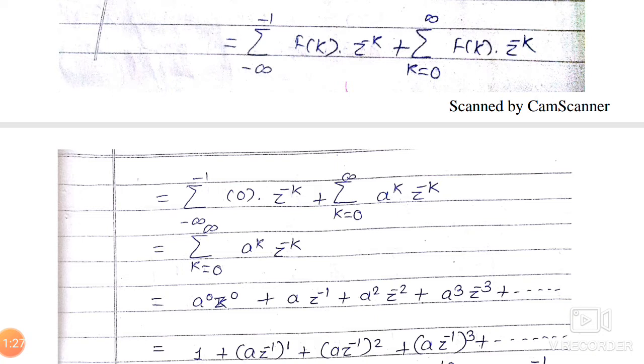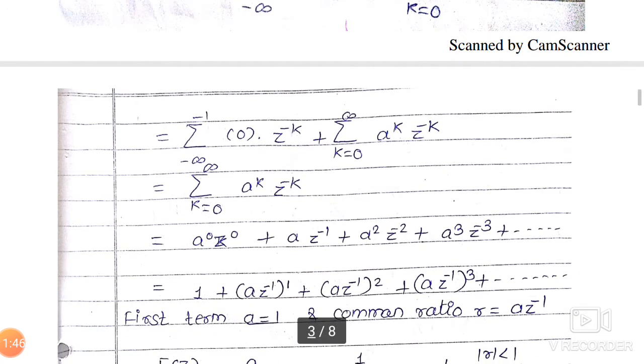So first term becomes a raised to 0 z raised to 0, k is equal to 1, a into z raised to minus 1, k is equal to 2, a square z raised to minus 2, k is equal to 3, a cube z raised to minus 3, etc. So here anything raised to 0 becomes 1. So first term is nothing but 1.